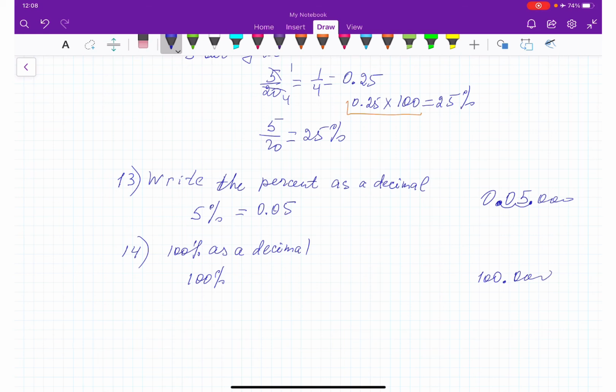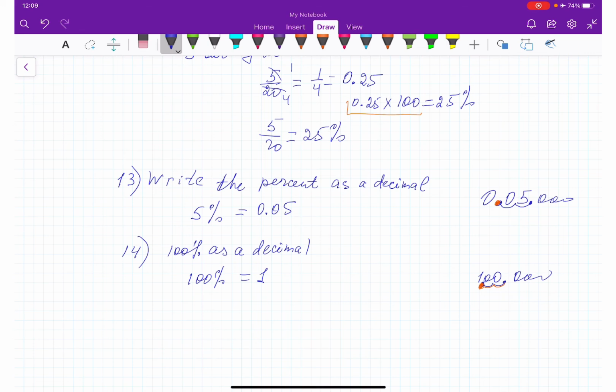So as a decimal, I'm moving 1 and 2. I'm getting 1, right? Let me use this one. So 1 and 2, this is the new decimal notation. And that's how we get 1. That's why for 100%, we say it is 1.